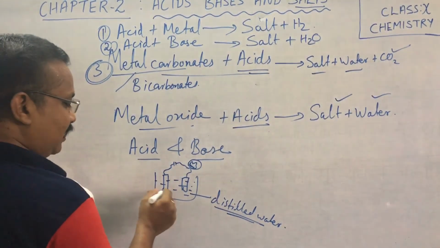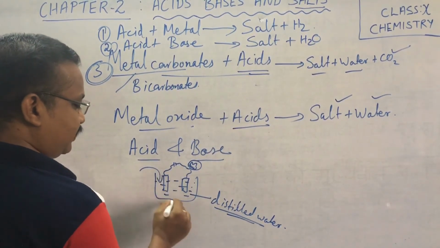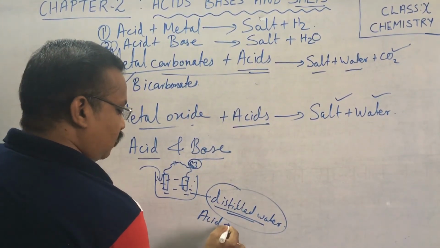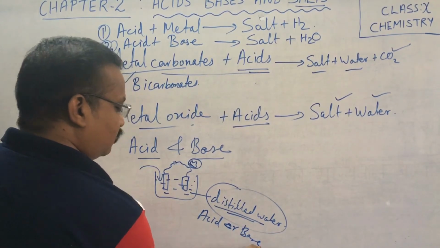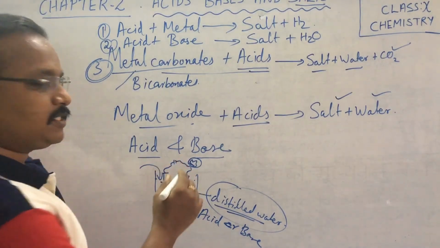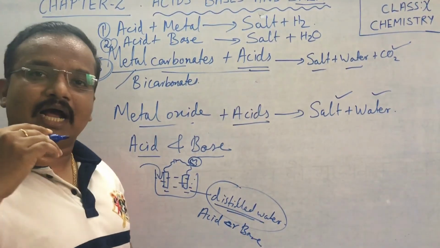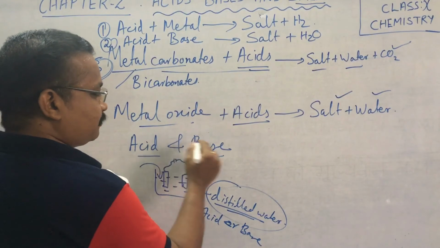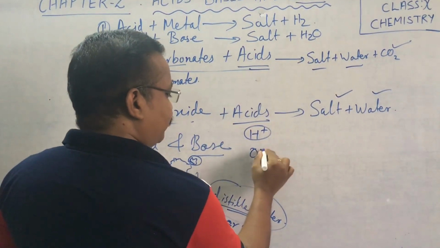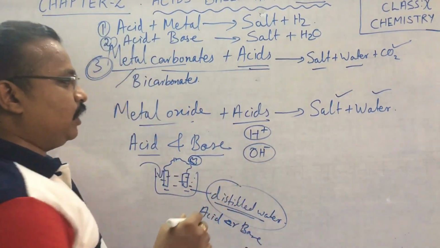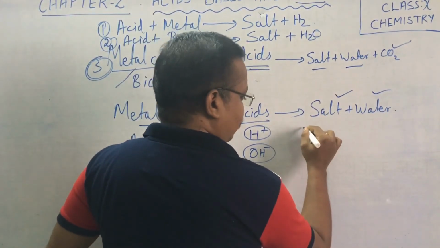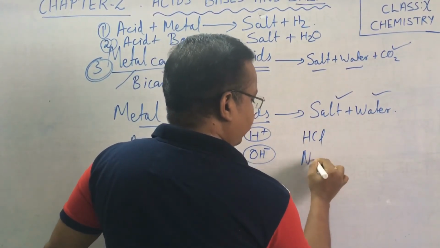But if you add a little acid or base into it, this acid or base makes the substance furnish ions. Acids produce H positive ions, as we have studied, and bases produce OH negative ions. Let us take some examples like HCl and NaOH.